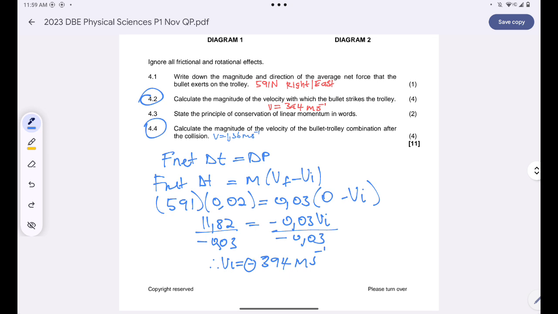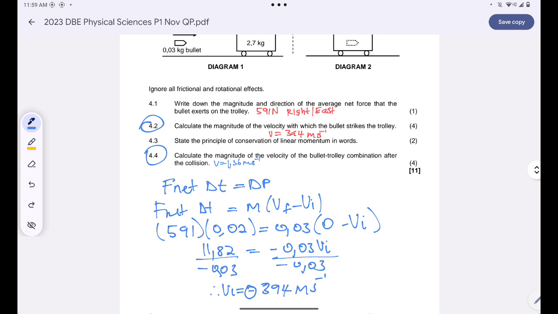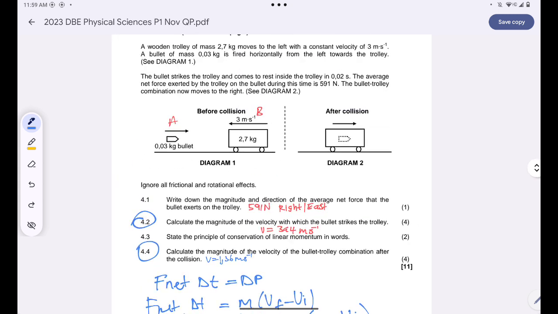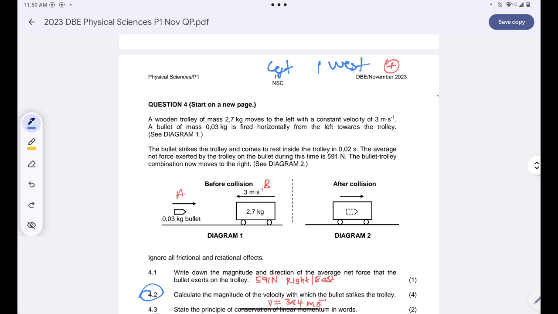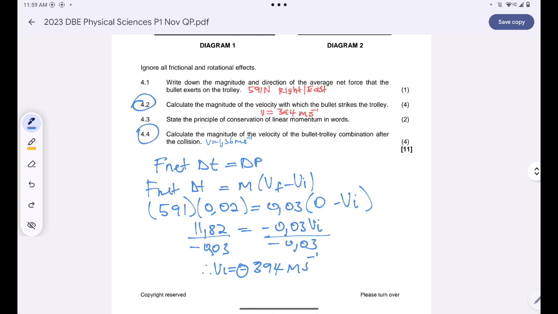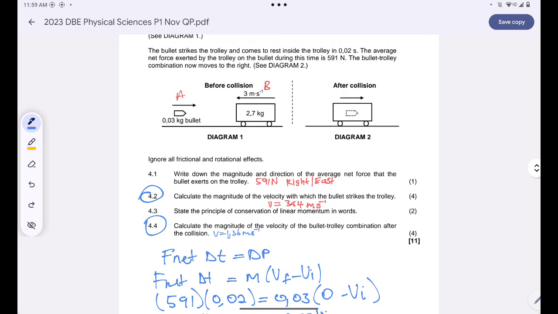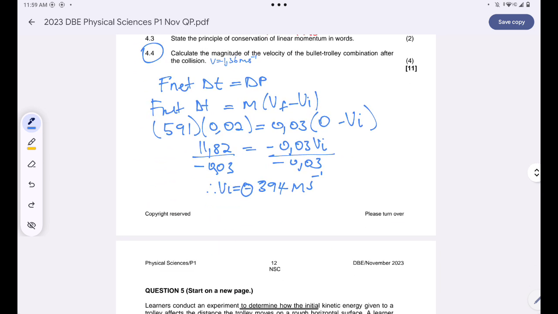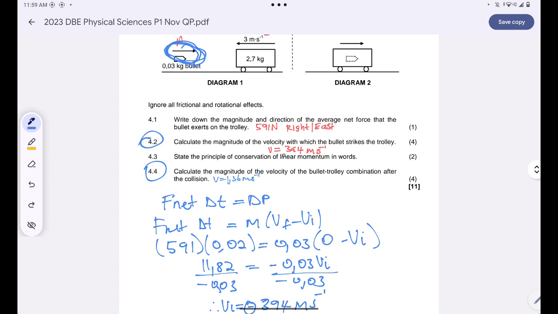The negative simply means that my bullet was moving in the negative direction, right? In this case, which direction is negative? The eastern direction is the one which is negative. And the bullet was moving towards the eastern direction. So the magnitude of the velocity will be the same as this one.